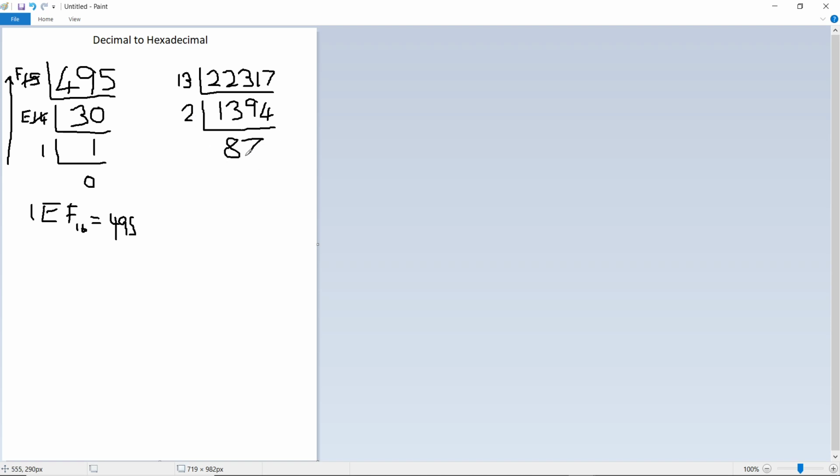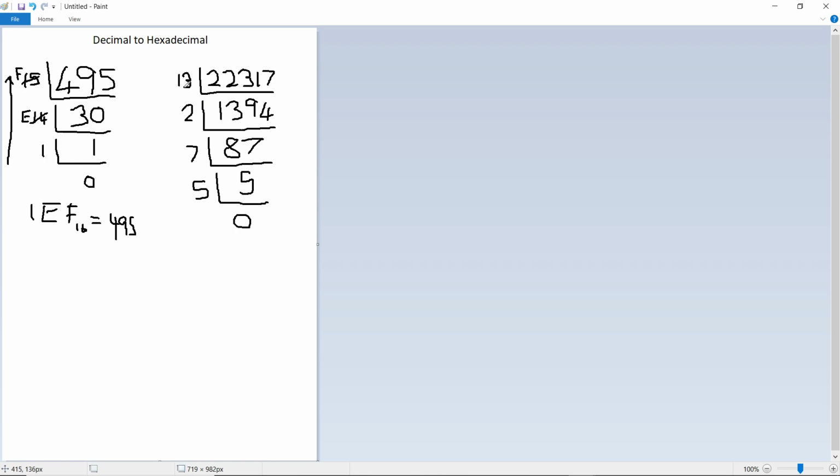So 16 times 87 plus 2 gives me 1394. 87 divided by 16 gives me 5. And I've got a remainder of 7. So 5 times 16 plus 7 gives me 87. Right. 16 goes into 5 no times with a remainder of 5.